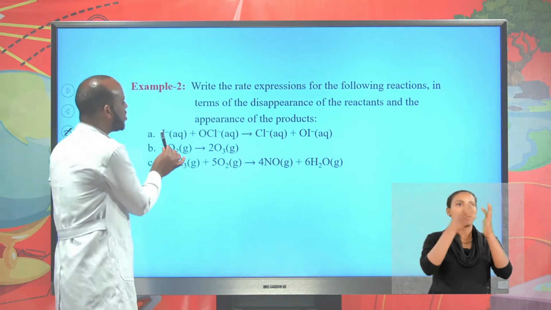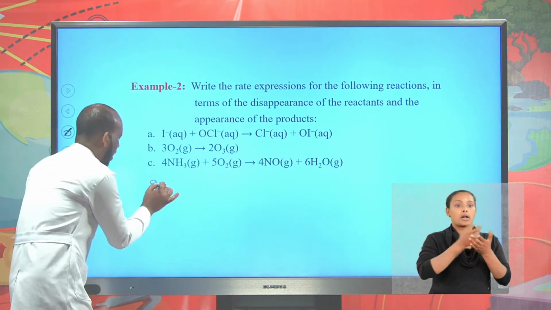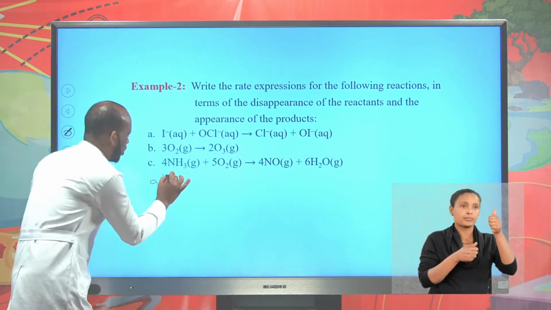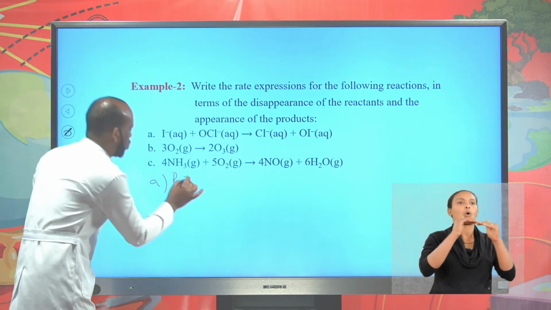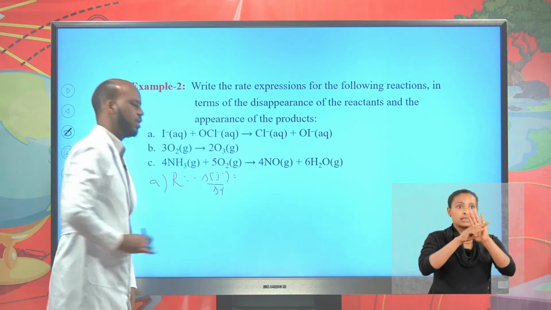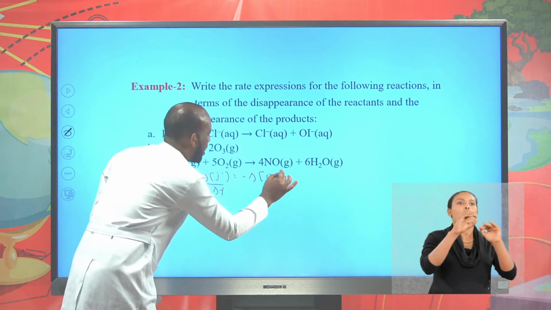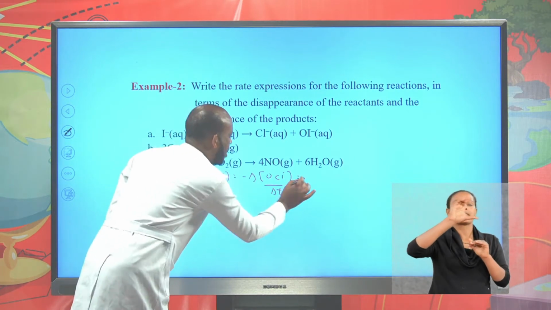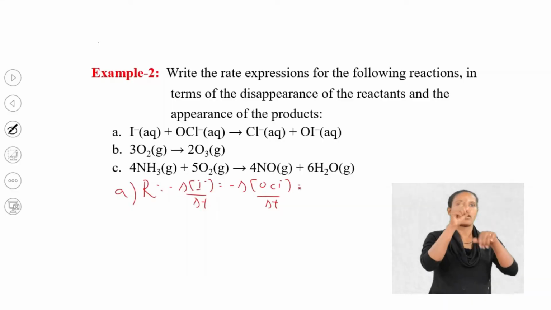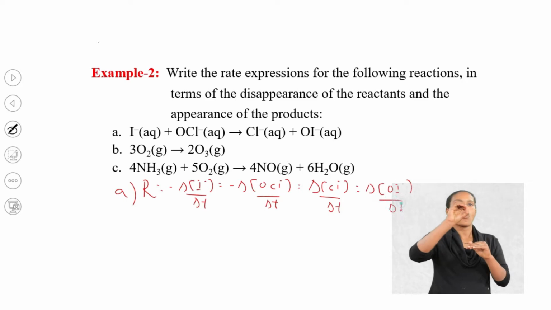Now, the rate of this reaction in terms of reactants and in terms of product is written as, for a, rate equals minus change in concentration of I minus divided by change in time, equals minus change in concentration of OCl minus divided by change in time, equals, in terms of product, plus change in concentration of Cl minus divided by change in time, equals change in concentration of OI minus divided by change in time.